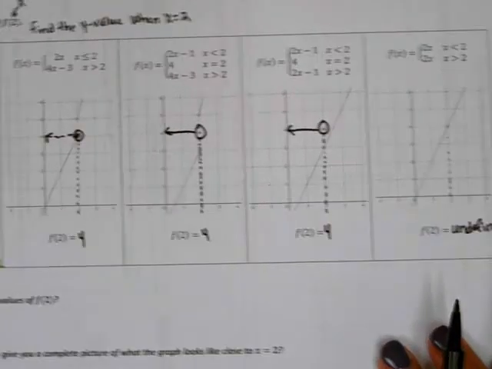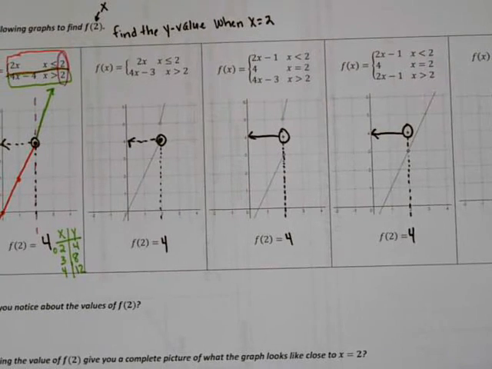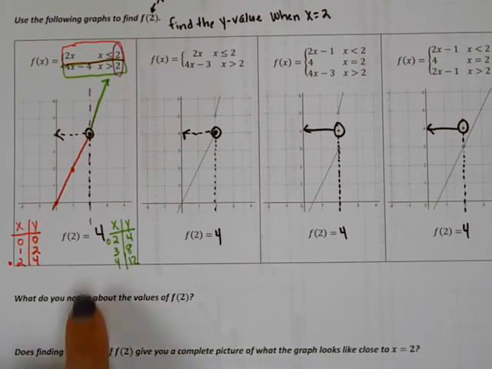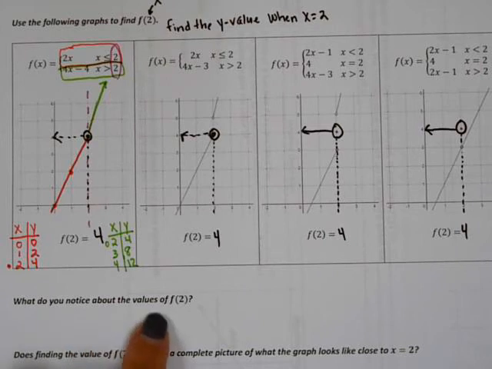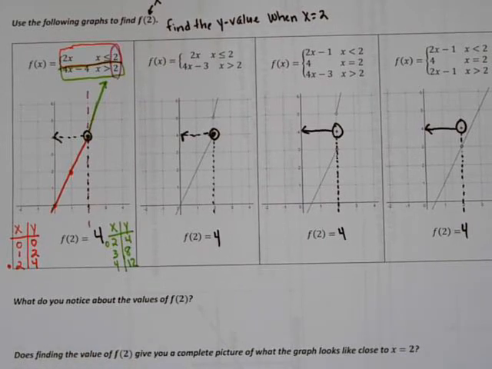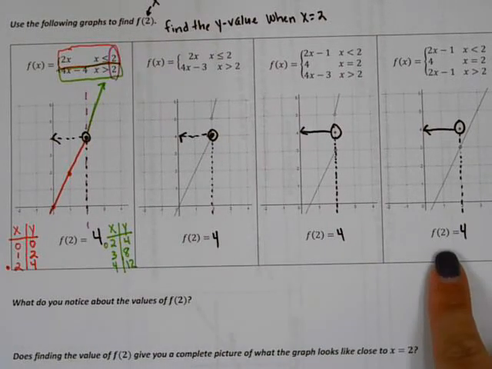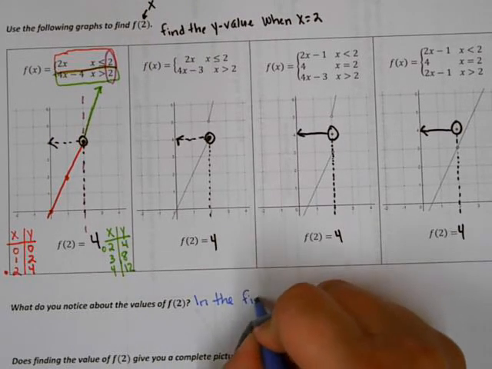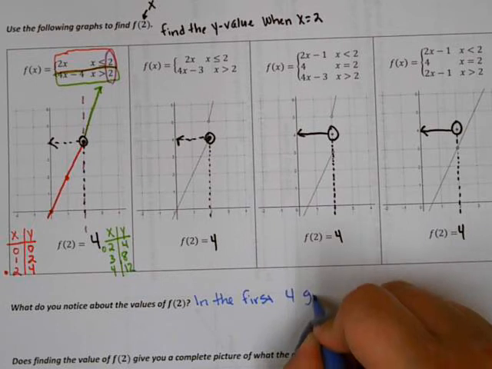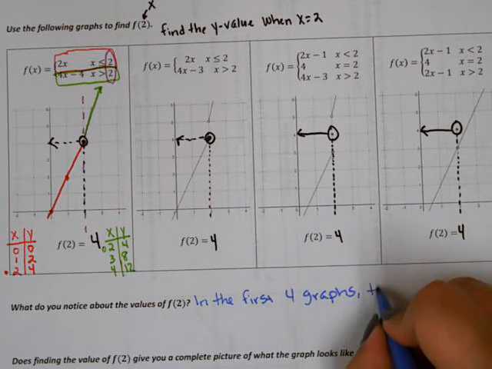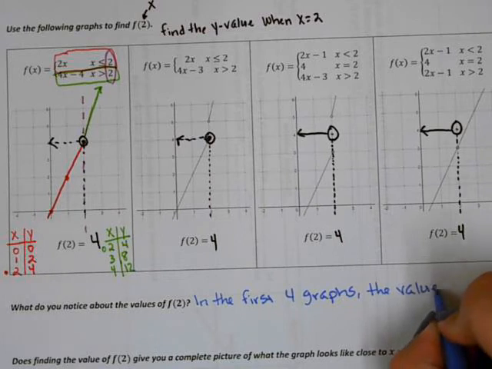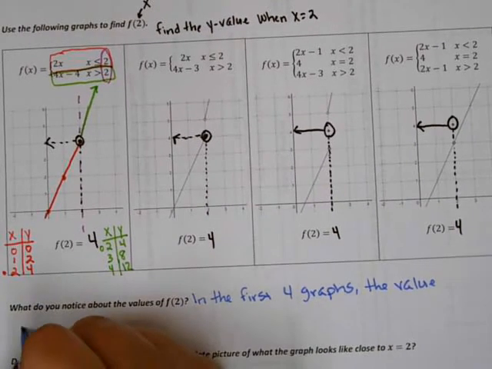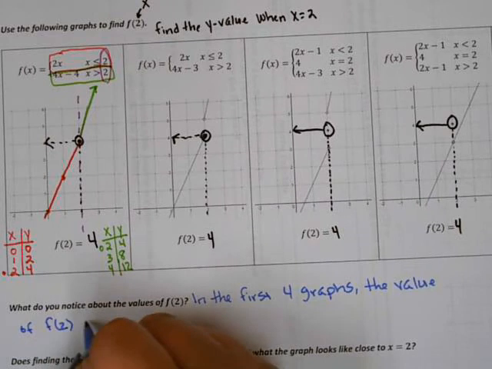Okay? And then what we want to do is look at all of these. And really our first question down here kind of guides us to this. The first question is, what do you notice about the values of f of 2? So hopefully you guys can look at this and you can see that for these first 4 graphs, all of them have the same function value. So in the first 4 graphs, the value of f of 2 is 4.